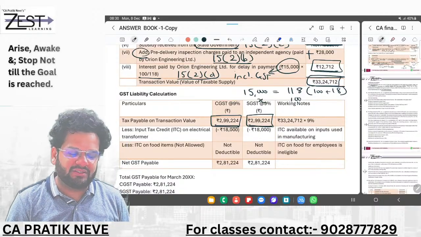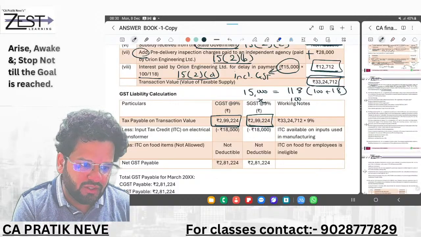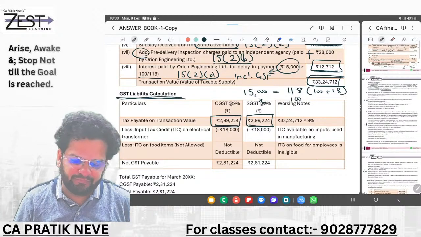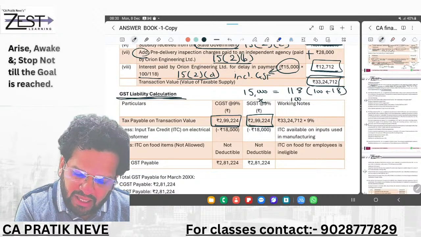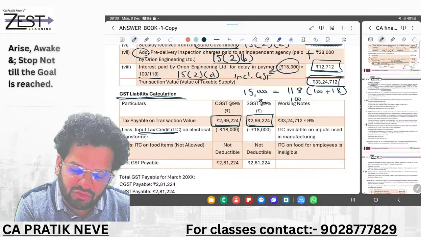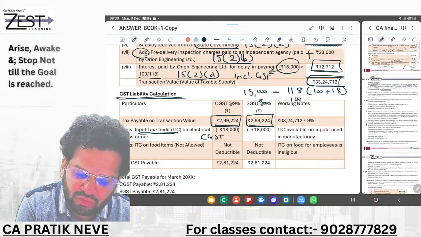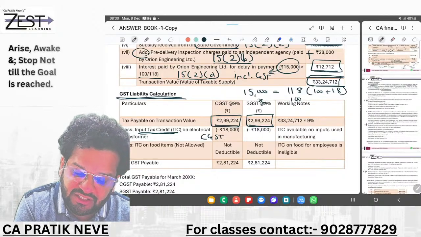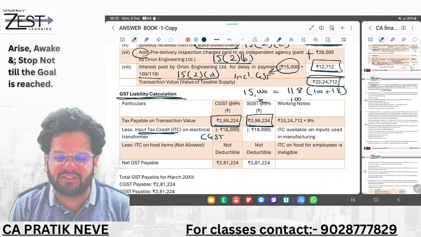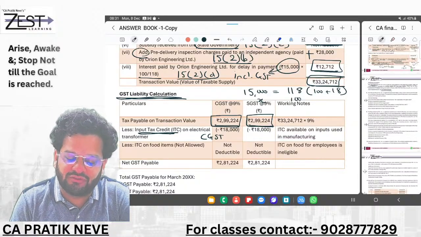Okay, so you will make a separate statement for that saying computation of GST liability or net GST payable. You will get output tax first less ITC of rupees 18,000 each. ITC of CGST shall be utilized to pay output tax of CGST and balance, if any, to pay output tax of IGST. But there is no output tax of IGST and there is no balance also of ITC of CGST.